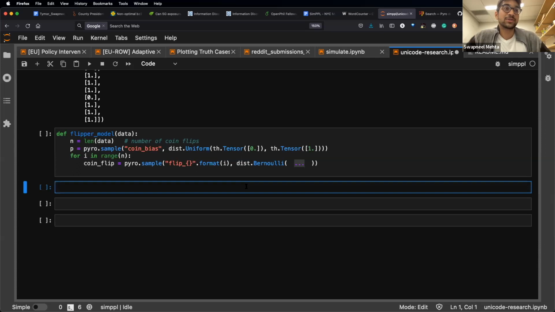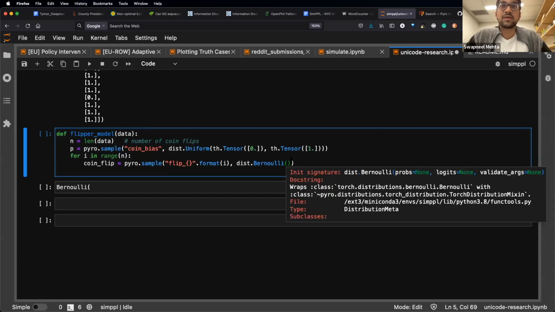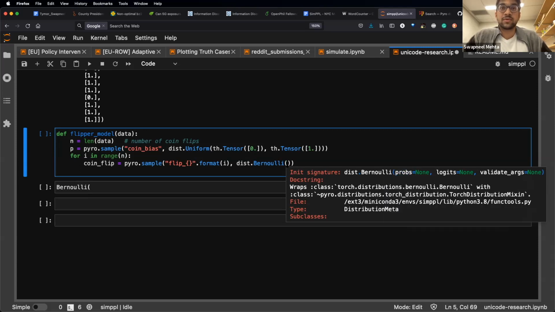So I should explain again: the Bernoulli distribution takes, I can probably shift tab, this is excellent, it takes an argument as the probabilities, which is what I was saying.